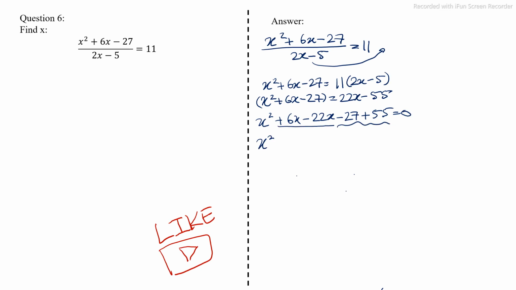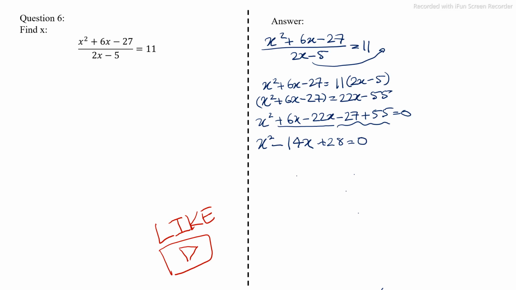So 6x minus 22x, what is that? Well, it is negative 14x, and then minus 27 plus 55. I don't trust my mental math in this, so I'm just going to do it using a calculator. Plus 28 equals 0.